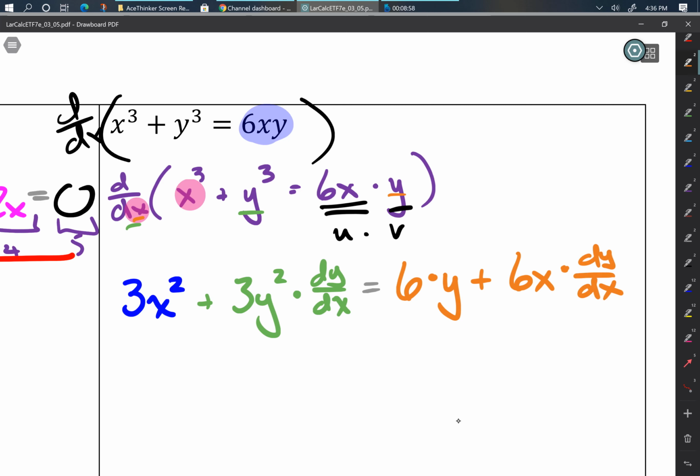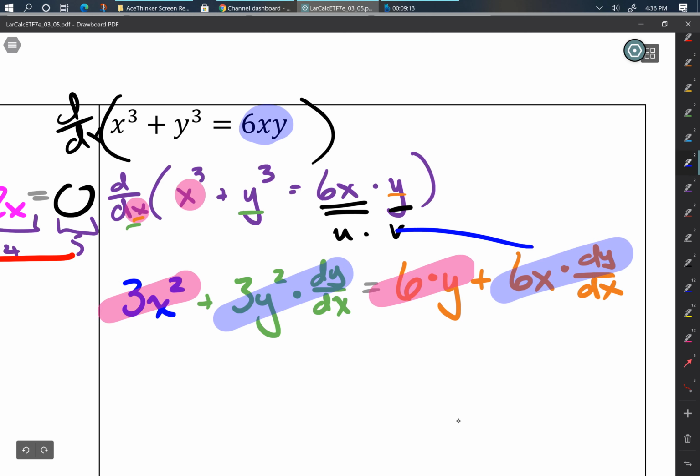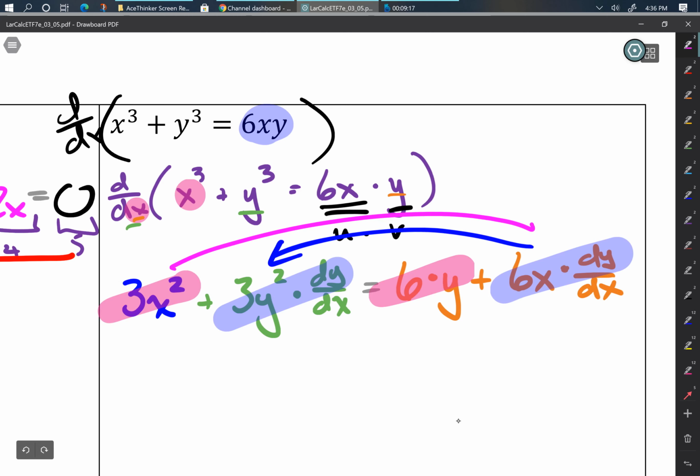All right, so now I've got a problem. I have 4 terms. No dy dx in this term, no dy dx in this term, dy dx term, dy dx term. So what I need to do is move everything that's got a dy dx to the left and everything that doesn't have a dy dx to the right. Now I don't have to do lefts and rights.